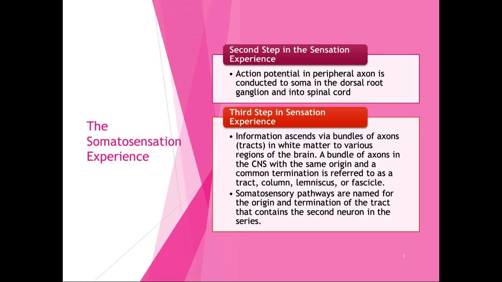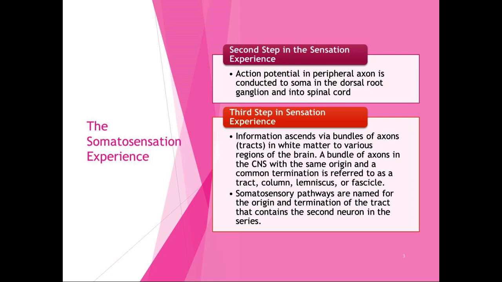What we talked about in Chapter 10 was basically the first step in the sensation experience, receiving and encoding that information into a form that neurons can use, and encoding it into neural energy. So the second step of the somatosensation experience is that the action potential in the peripheral axon of the sensory neuron is conducted to the soma in the dorsal root ganglion and then into the spinal cord.